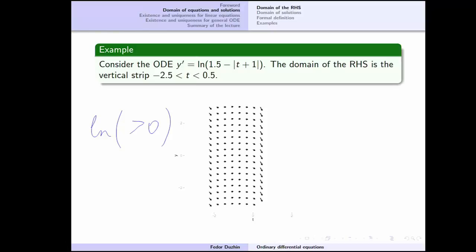So that's why the condition here is that 1.5 minus absolute value of t plus 1 must be positive, or we can rewrite it as absolute value of t plus 1 is less than 1.5, which means that t plus 1 is less than 1.5 and bigger than minus 1.5.